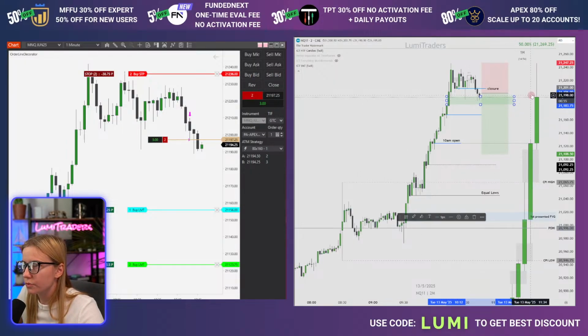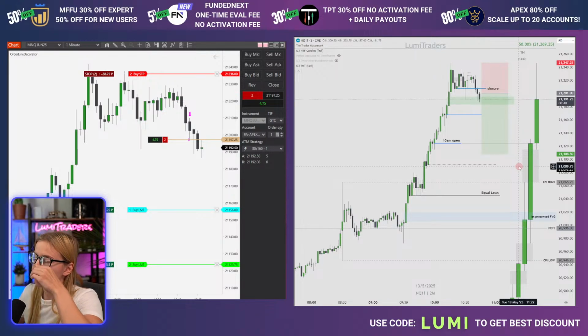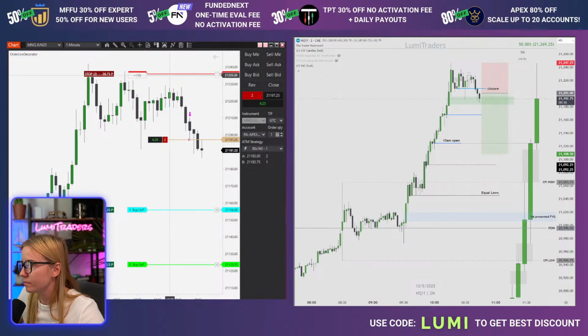Let's see if my sell chooses fair value gap. Actually thinking if I want to use this VIX for stop. Not really matter. Yeah, not a big deal.